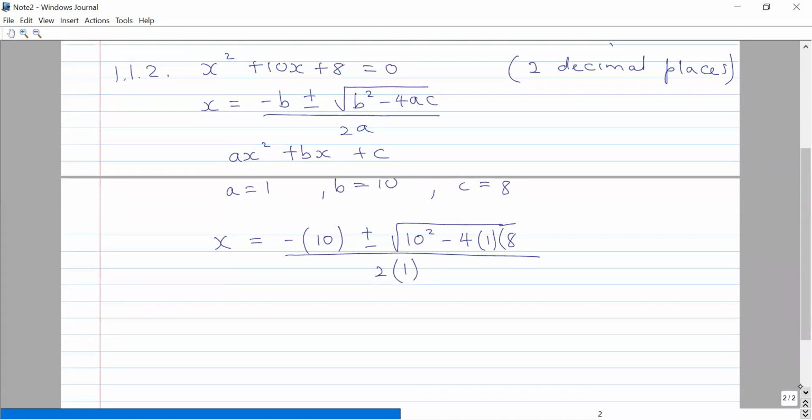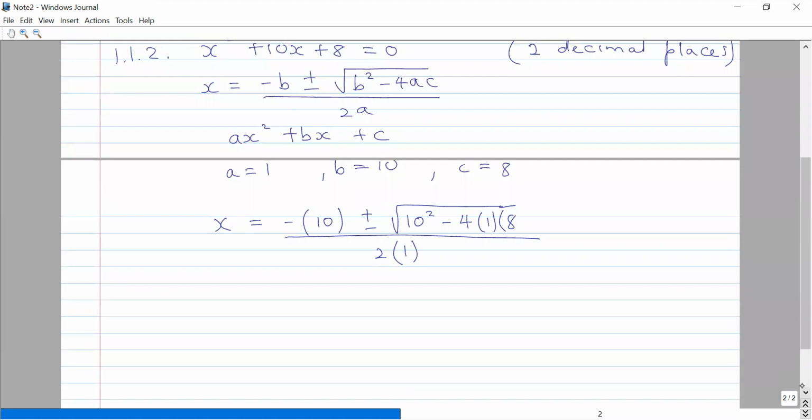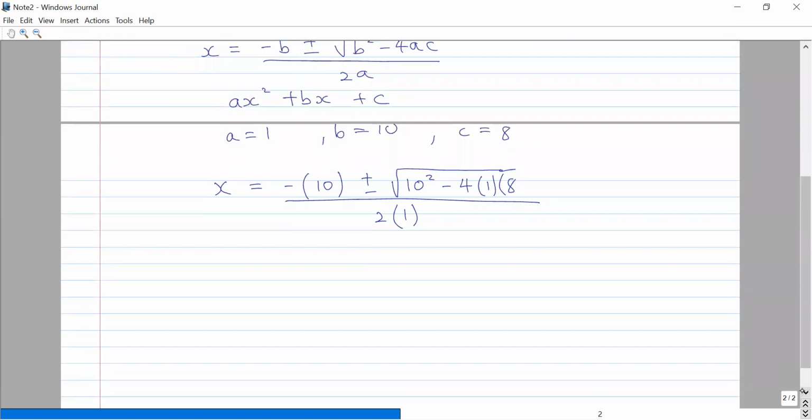So we can clean this up, and later we will use the calculator to find the solution. So let's clean this up first. It's going to be minus 10 plus or minus square root of 100 minus 4 times 8. We have 8, 16, 24, 32.